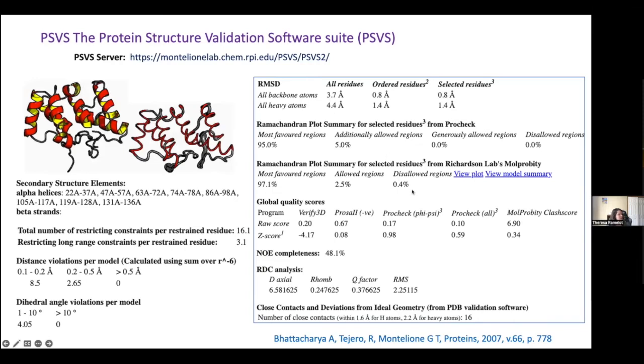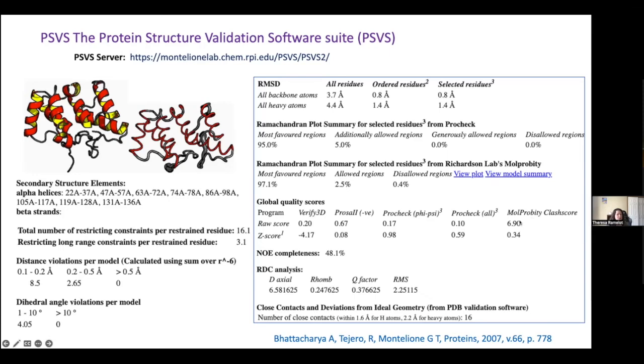But I wanted to focus on these global quality scores. ProCheck phi-psi is backbone, and ProCheck all is all backbone and sidechain. These are quality scores that look at the stereochemical quality of the dihedral angles of the protein and how good they are.